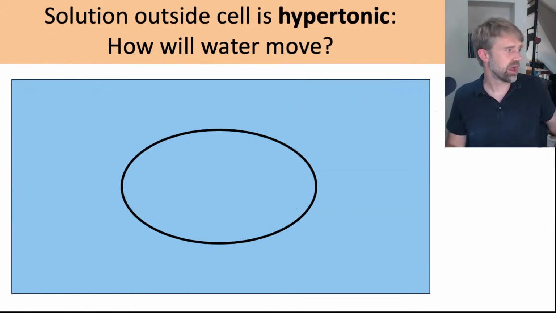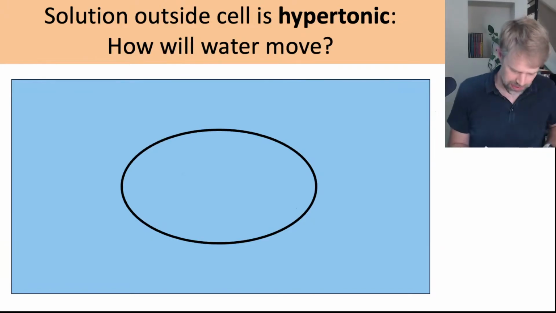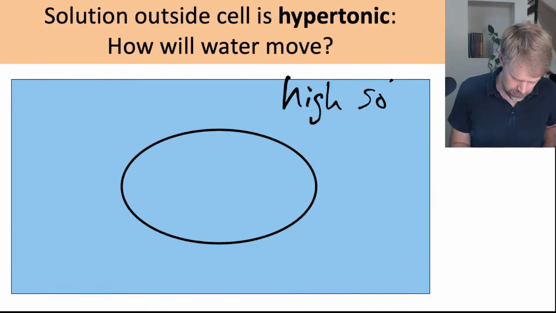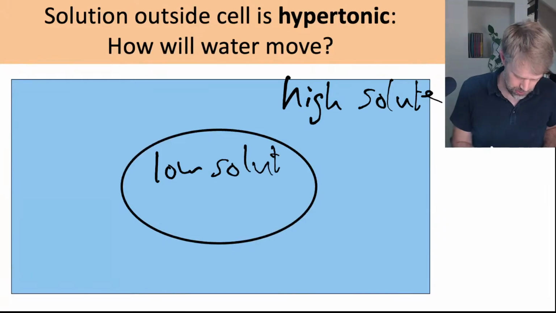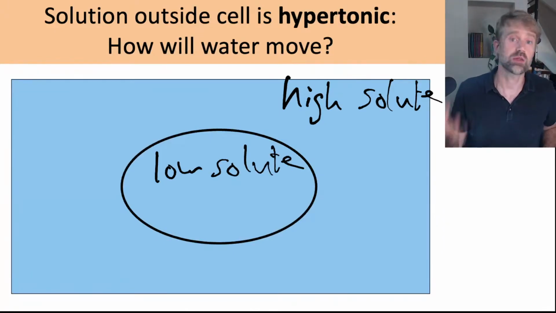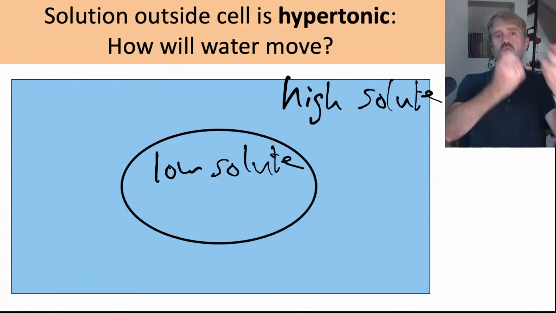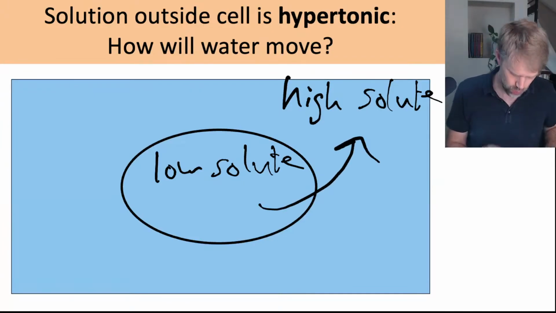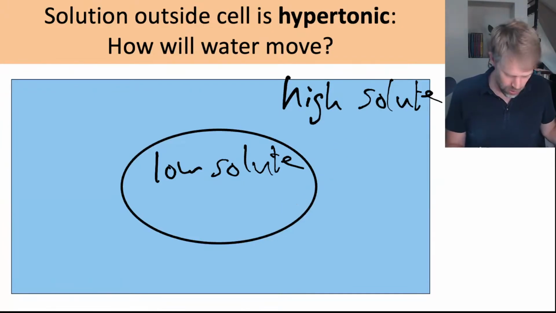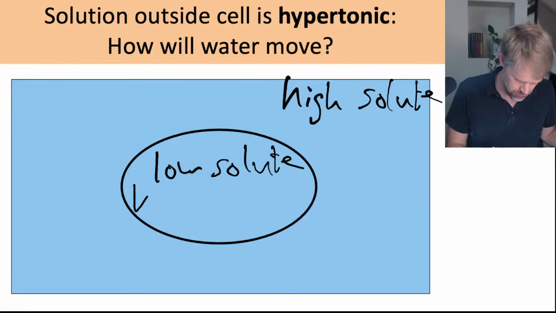Same thing here. Solution outside of the cell is hypertonic. What's that going to mean? High solute concentration outside, low solute concentration inside. Well, one thing that we could think is that water is drawn towards higher solute concentrations. Water goes out that way. Or we can reframe this in terms of the water concentration. A low solute concentration means a high water concentration.